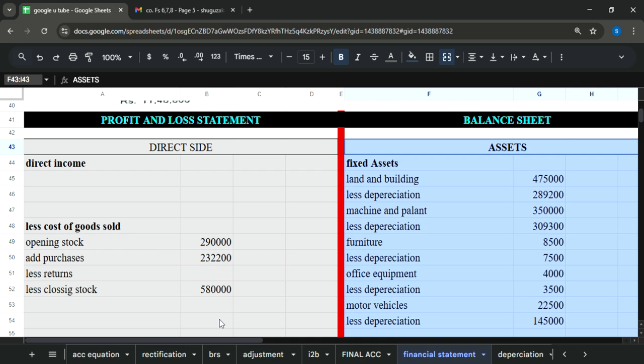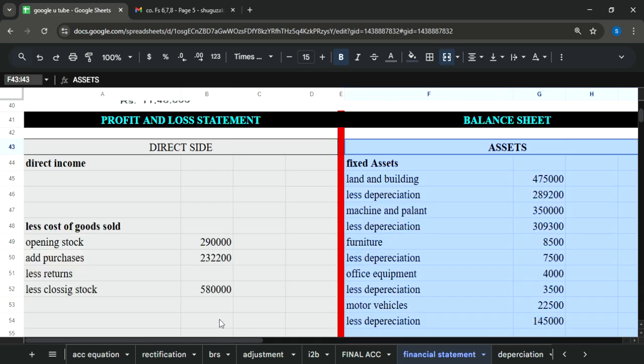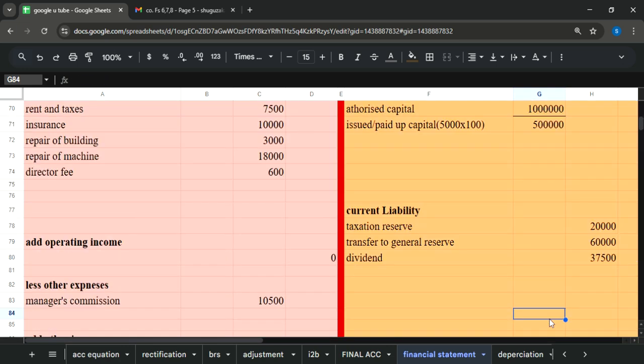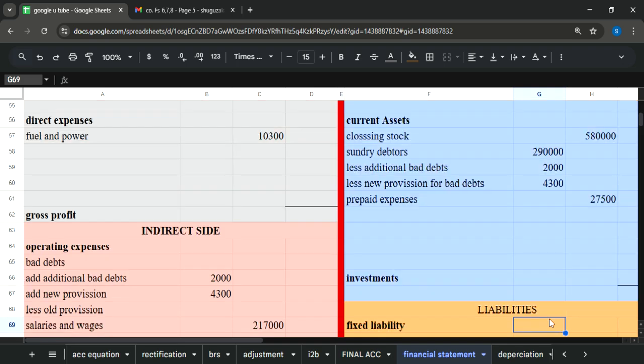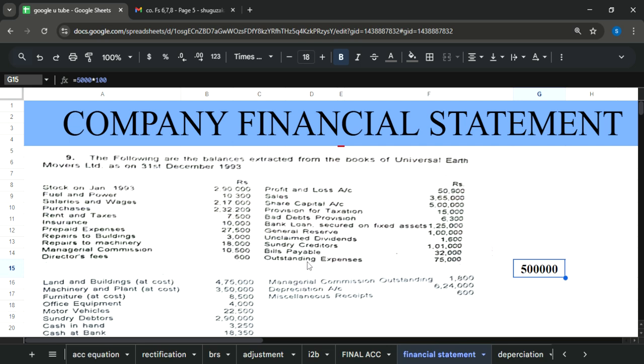Last amount was motor vehicle, depreciation was 14,500. One extra amount is written. Let's delete it. So what we have done is last element which we have entered, sundry debtors 290,000.